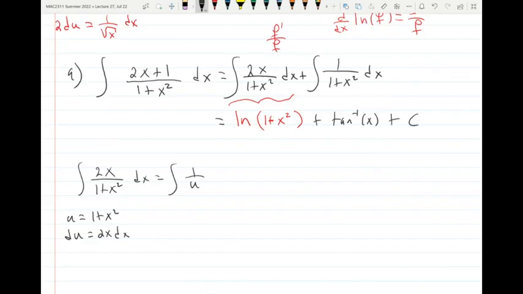So this becomes the integral of 1 over u du, which gives you ln of u, but then u is 1 plus x squared. And you realize, oh, 1 plus x squared is positive, so there's really no need for the absolute value, and you can exchange it for parentheses. But if you leave the absolute value, that's okay. It's fine as well. All right.